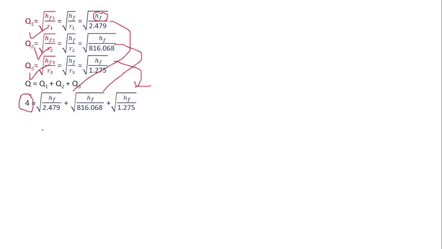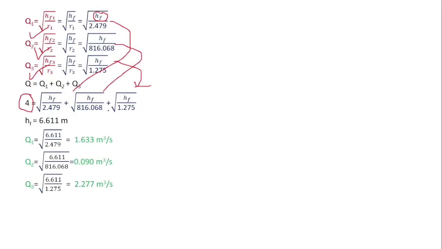So by solving we got HF as 6.611 meter. So substituting the value of HF in above three equations, we got Q1 as 1.633, Q2 as 0.090 and Q3 as 2.277 meter cube per second respectively.